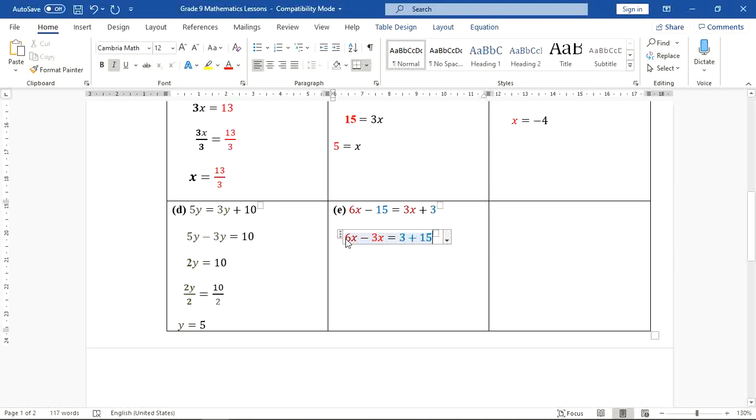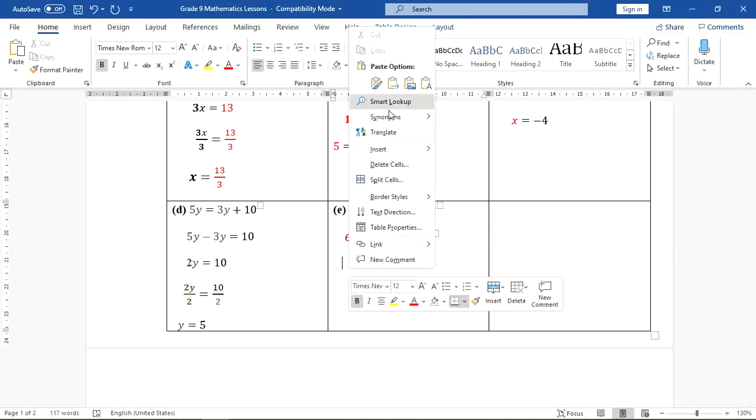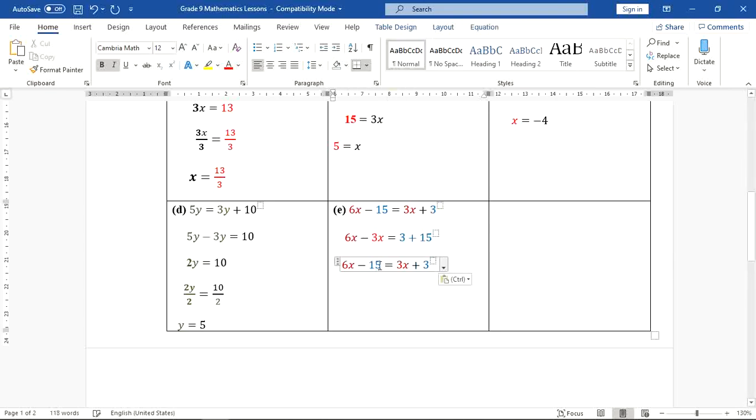All right, so we can now simplify both sides. So 6x minus 3x will give us 3x, and 3 plus 15 is going to give us 18. So we have 3x is equal to 18.